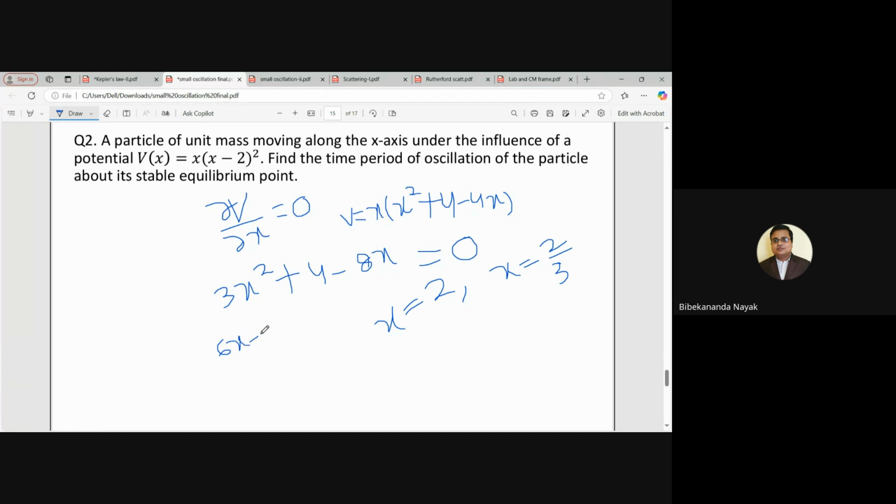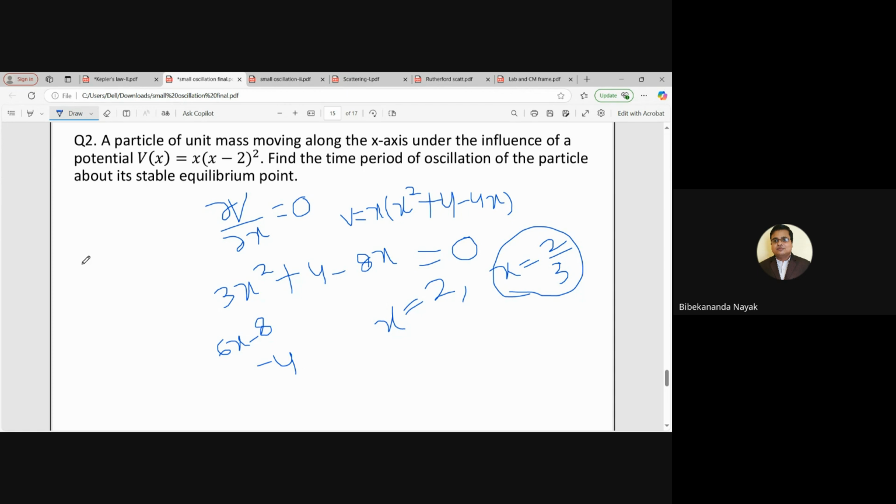If we put 2, then 12 minus 8 is 4, greater than 0. But if you put 2 by 3, 4 minus 8 is less than 0. So x is equal to 2 by 3 is not the stable equilibrium point. Isn't it? Yes, sir.